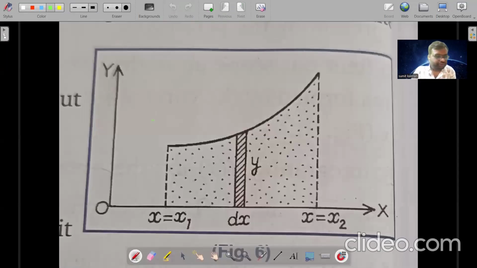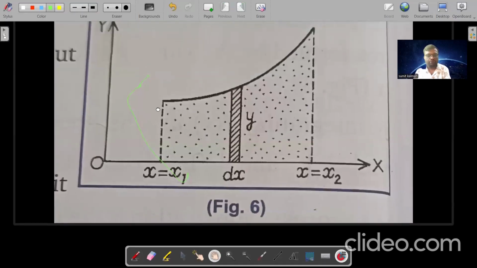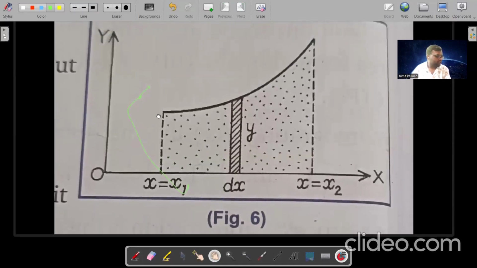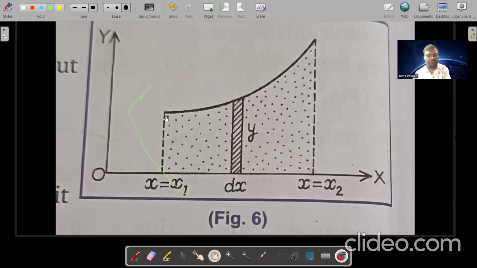So now, students, see, this is the diagram, and this is the curve y is equal to fx, and there is a very thin strip. The width of this strip is dx and length is y, and there is a curve, students.